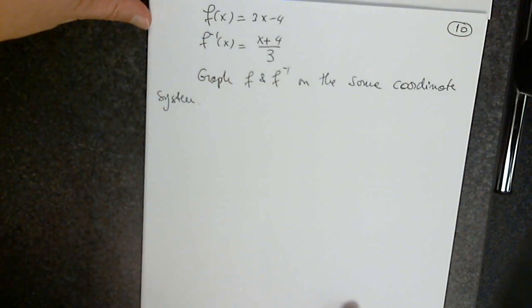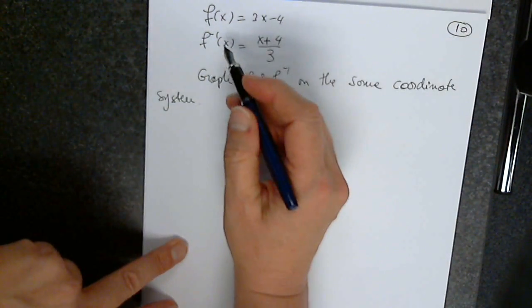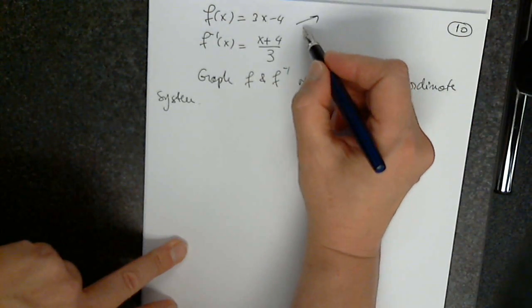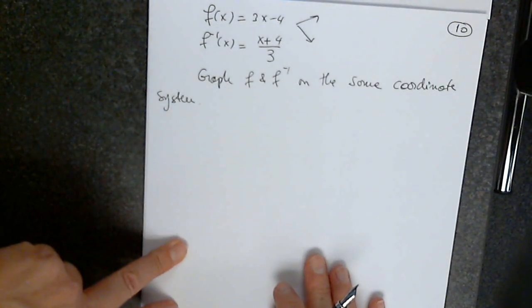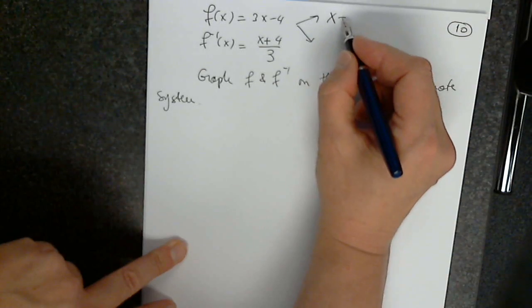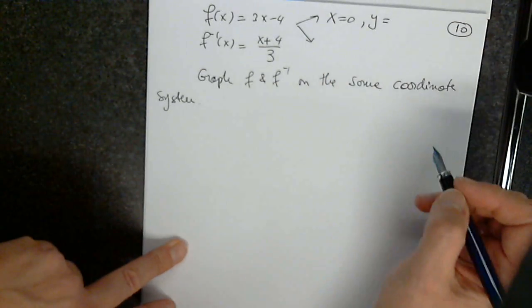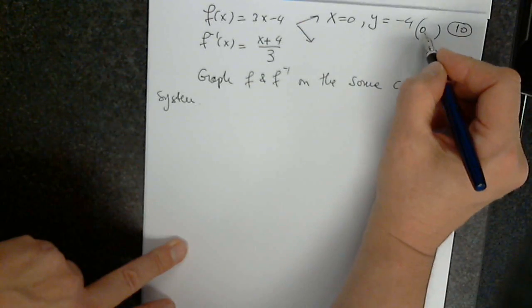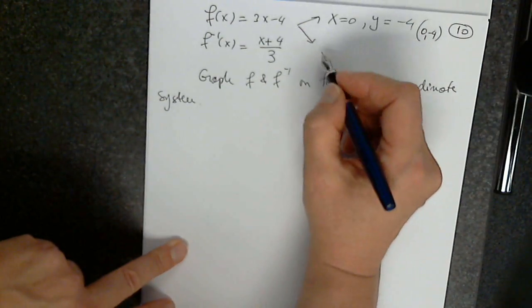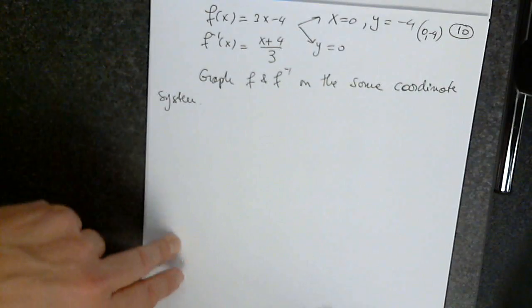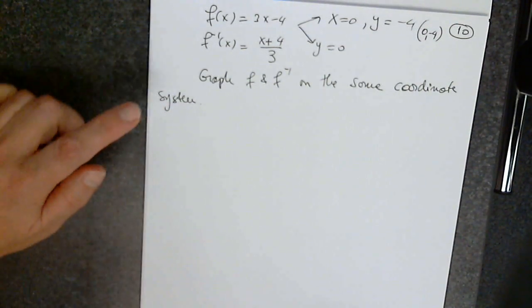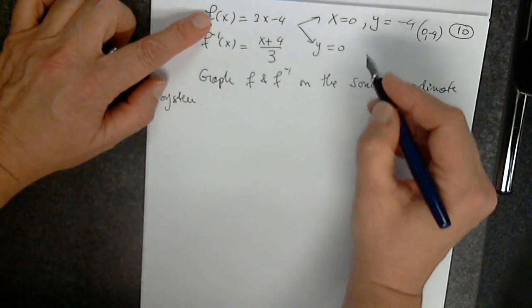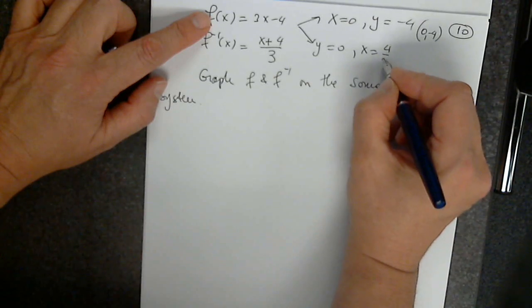So let's find the two ordered pairs. It's a linear function. When x is 0, y is, very good, so the ordered pair is 0, negative 4. And when y is 0, I move 4 and I divide by 3. So then x equals 4/3.